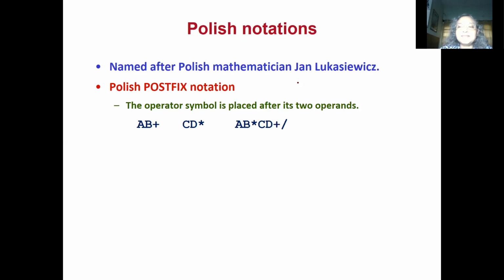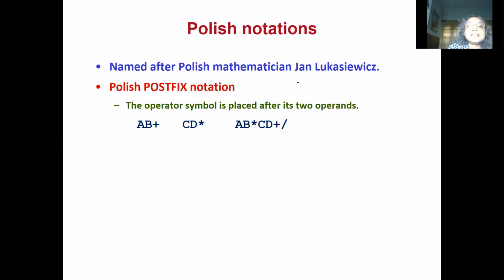Now, after we have done this parenthesization, we will see how to convert this into Polish postfix form. And the Polish postfix of this expression will be ABC star D slash plus EF star minus G minus. How is it?